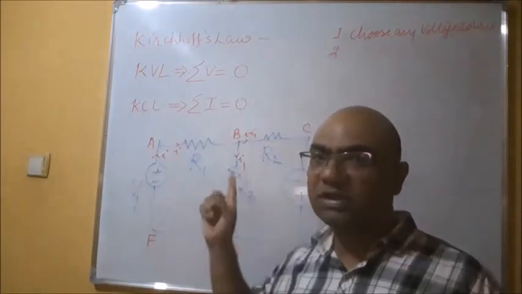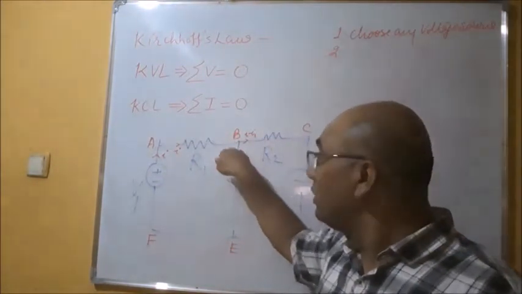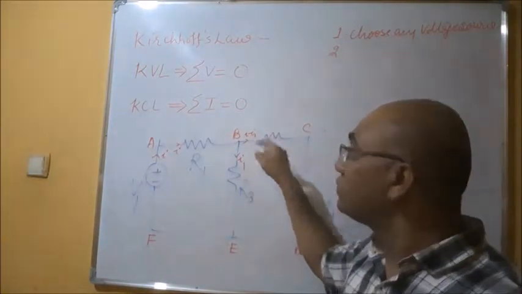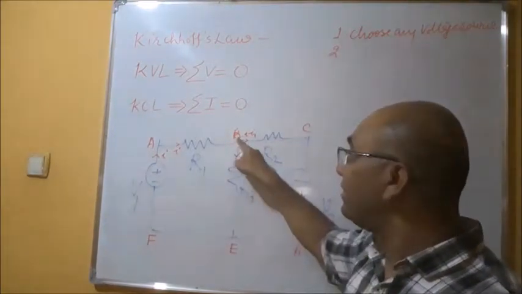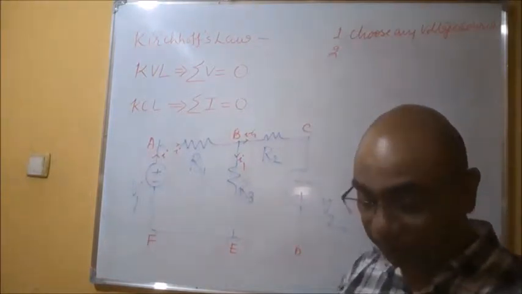And what I want in this case is that current I is coming here. So some part is going there and the rest is going there. If current I is coming here, I1 is going down and the rest, I minus I1, is coming to this side. Is it fine?